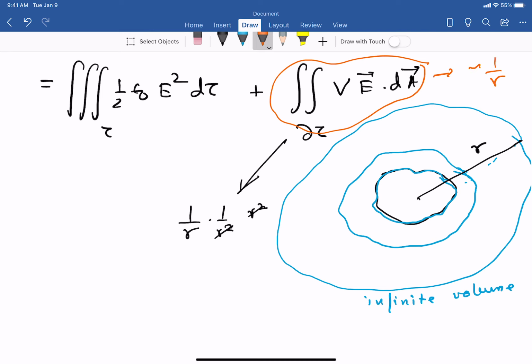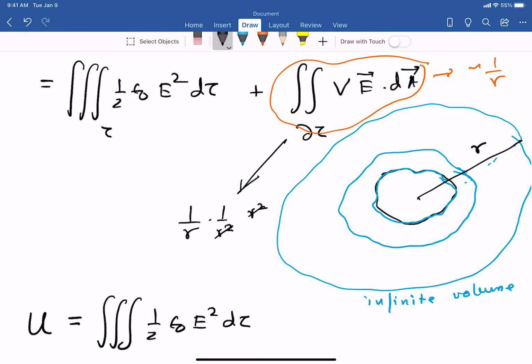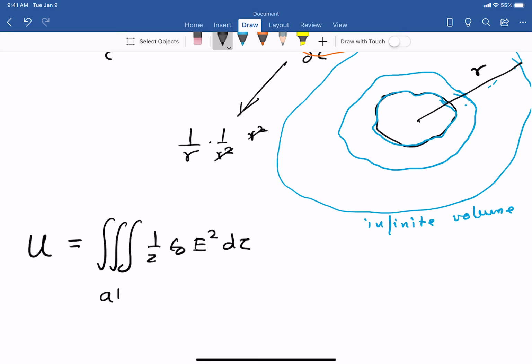So if you choose a very, very large volume of integration, where the surface of integration is an infinite distance away, this term will just go away. So if you integrate over all space, the total energy of the charge distribution U can be written as the volume integral of half epsilon 0 E squared d tau, where the integration is now done over all space.